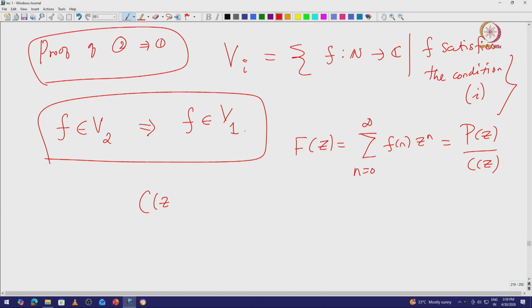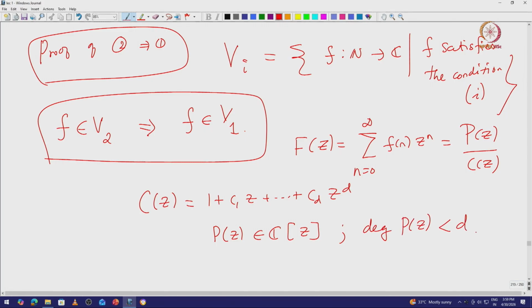Recall c of z is given by 1 plus c1 z plus etcetera plus cd z power d, and p of z is a polynomial over complex numbers such that the degree of p of z is strictly less than d. Now we use this to conclude that the coefficient of z power n, that is small f of n, satisfies the recurrence that we have.